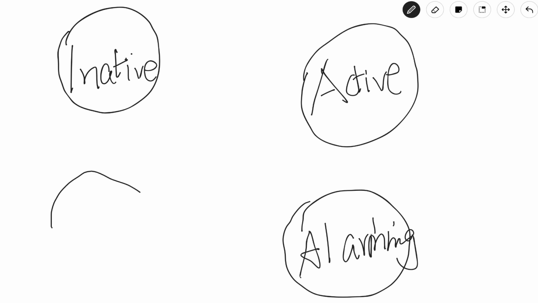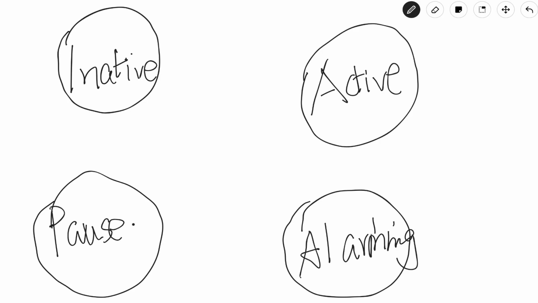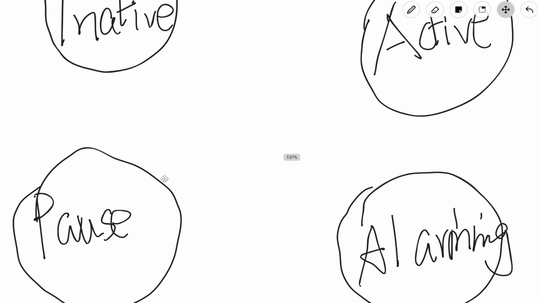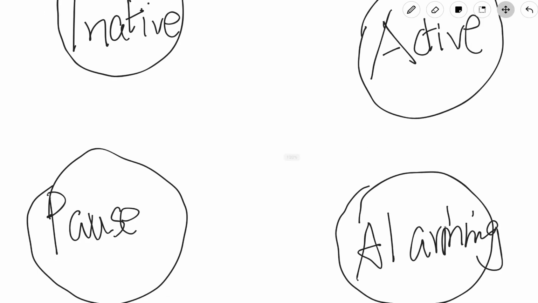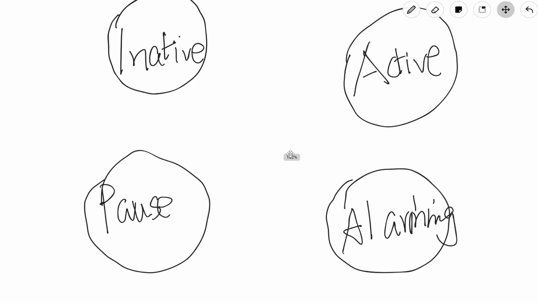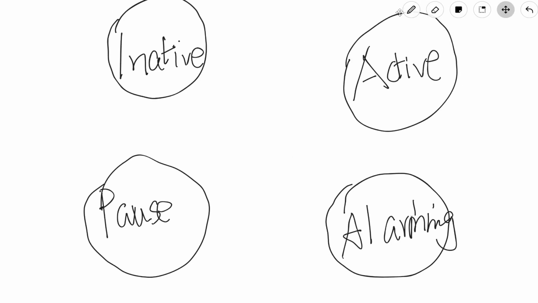And another one we defined that will be helpful to us is what we call paused. We can also call it muted. Whatever. In this state, one thing to remember is we still need to keep the time, right?